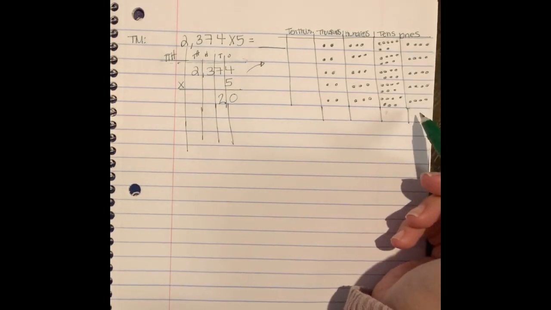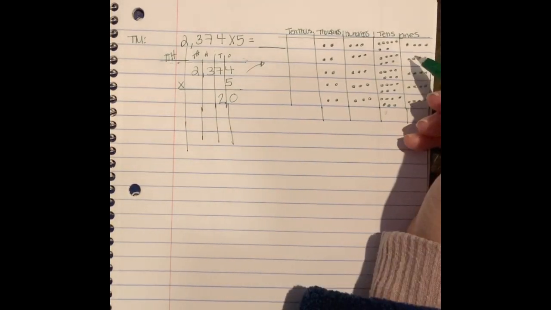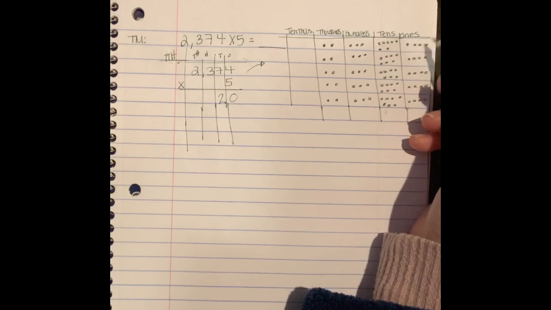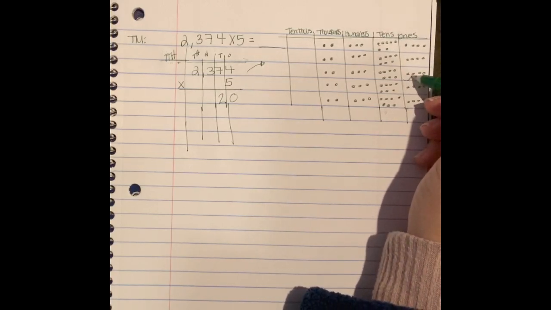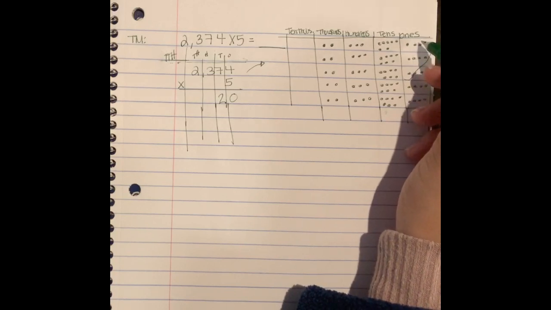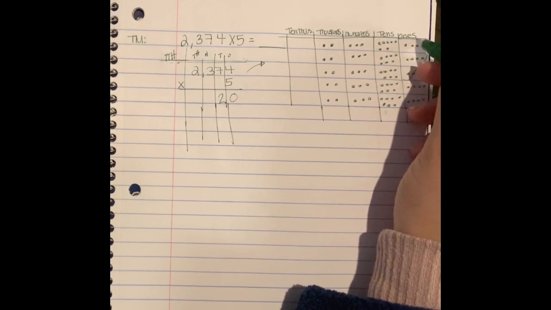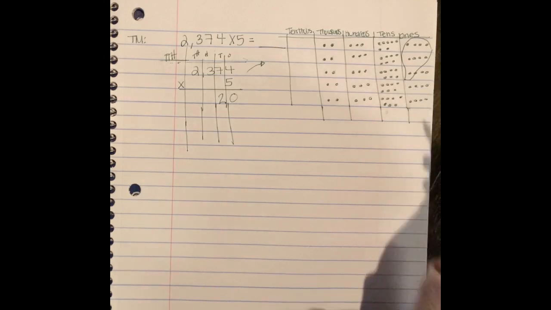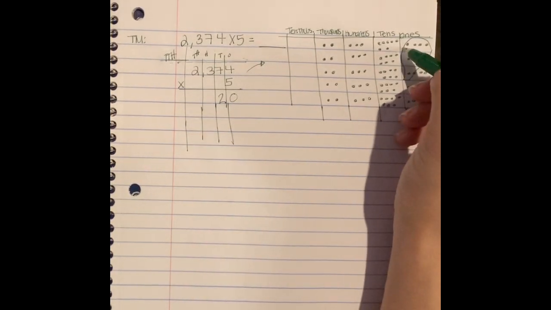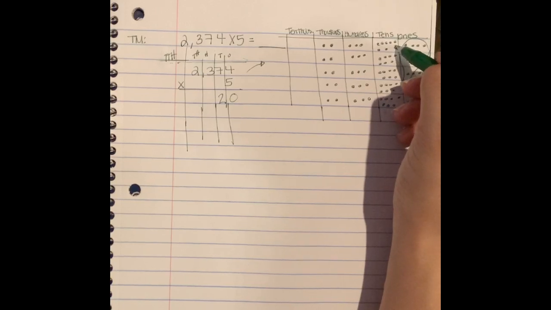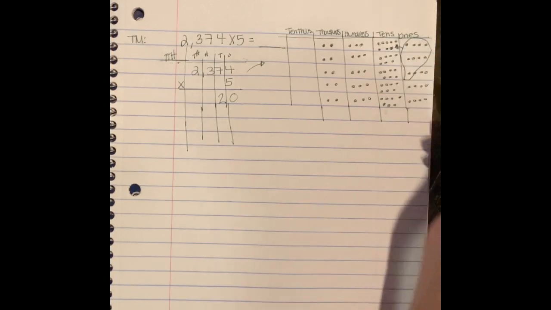Since I have 20 ones right here, I have to bundle by tens. So 4, 8, 9, 10, I bundle these. And those 10 ones become a 10.